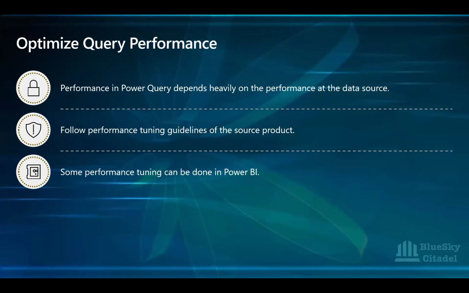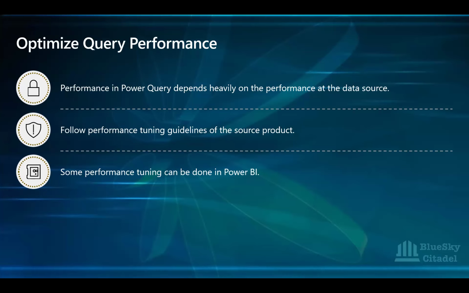When you are optimizing your query, the performance in Power Query depends on the performance at the data source level. The variety of data sources that Power Query offers is very wide, and the performance tuning techniques for each source are equally wide.